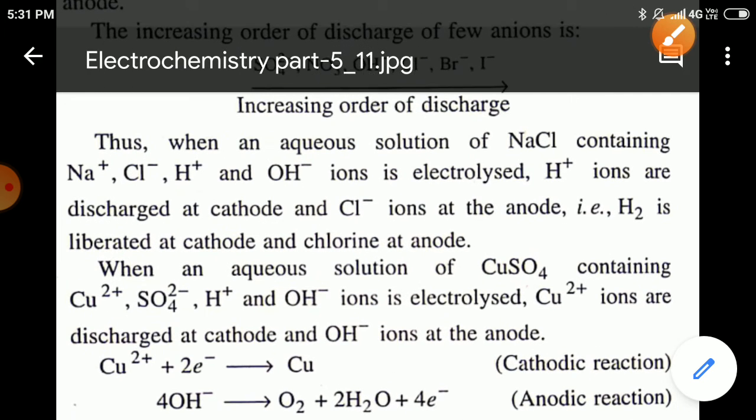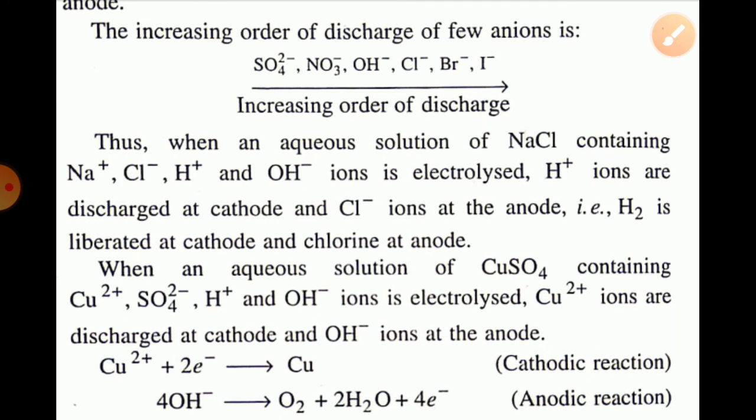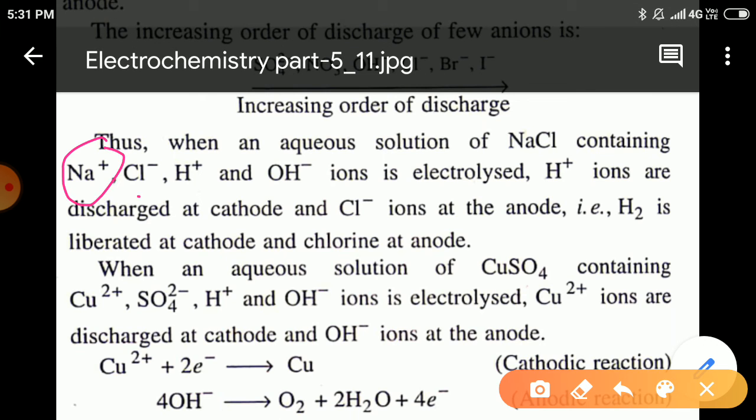When an aqueous solution of sodium chloride contains sodium ion, chloride ion, hydrogen ion, hydroxyl ion. Here hydrogen ion and hydroxyl ion come from water, part of the sodium chloride solution, and sodium ion and chloride ion come from sodium chloride, which is electrolyzed. Hydrogen ions are discharged at the cathode and chloride ions are discharged at the anode. That is, hydrogen is liberated at the cathode and chlorine at the anode.